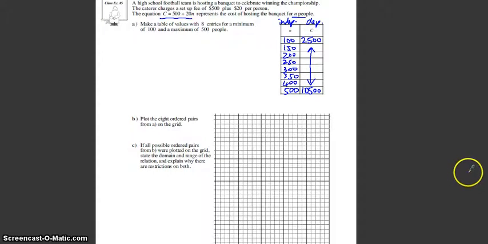Plot the ordered pairs on the grid. If all possible ordered pairs were plotted on the grid, state the domain and range of the relation, and explain why there are restrictions on both. Using this diagram, I will first say this is 0, 100, 200, 300, 400, 500. The bottom there is 0, and on the top here, I need to cover 10,000.